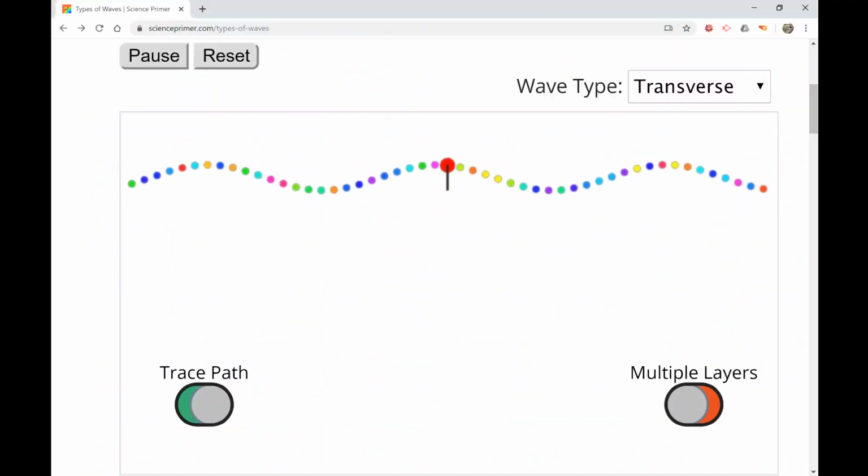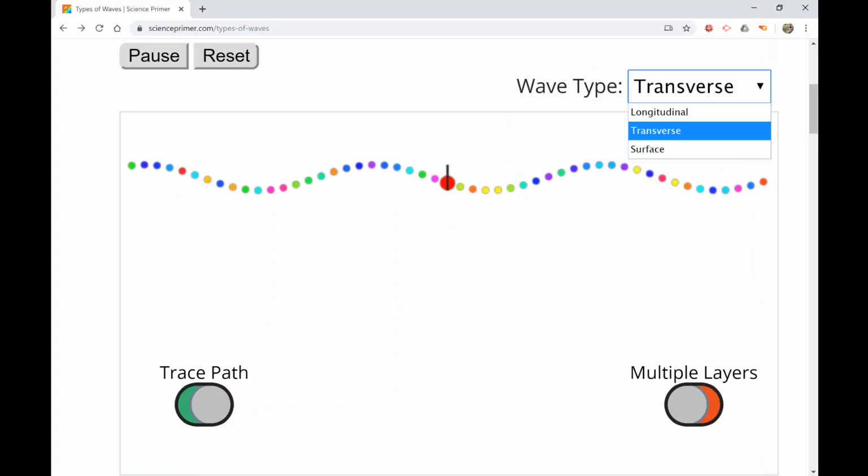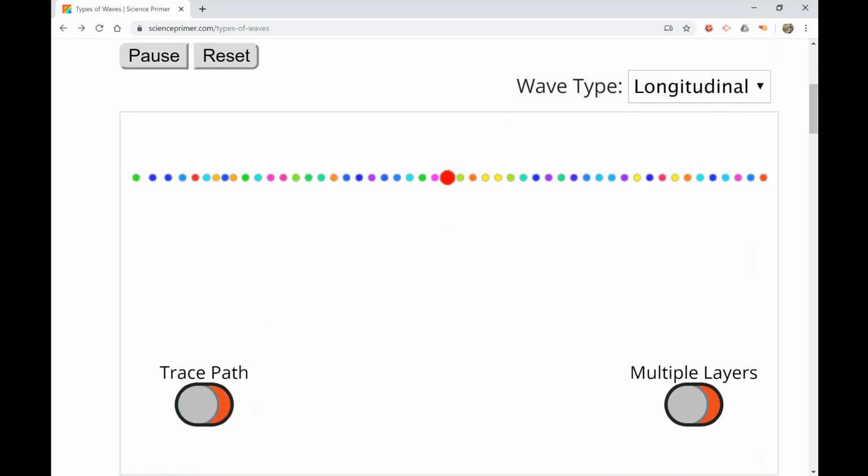So if we move back over to our wave simulation and we change that to longitudinal, now I can see those dots compressed together, and I can follow that compression across the screen the same way I followed a crest across the screen. And then I can trace the path.